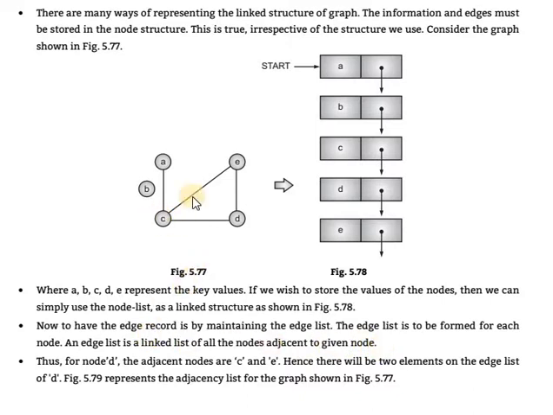This is the adjacent node. For C, the adjacent nodes are E, A, and D. So this is the C node, and in front of that, 3 nodes are there. Likewise for node D, the adjacent nodes are C and E. Hence there will be 2 elements in the edge list of D, shown in the next figure that represents the adjacency list for the graph.